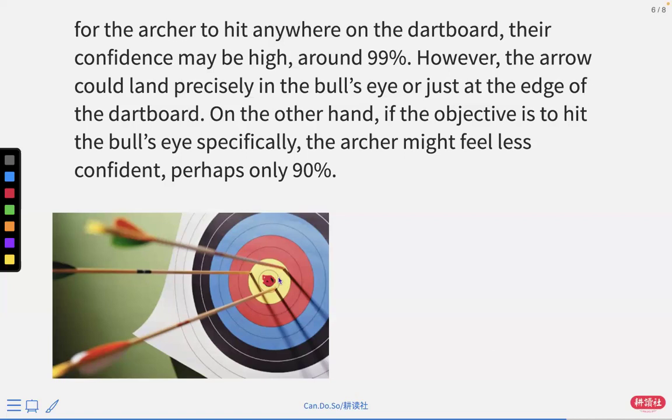If they are not so good, maybe 85% confident that they will hit the bullseye. So that's the idea. If they are more confident, they might not be so accurate to the bullseye. If they are accurate, they may not be so confident.